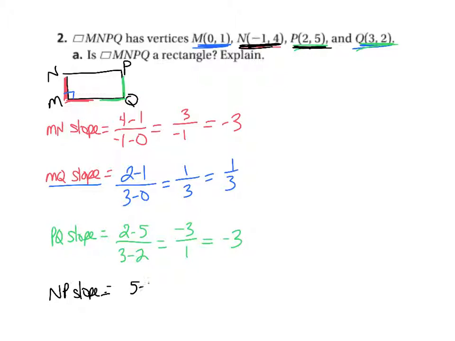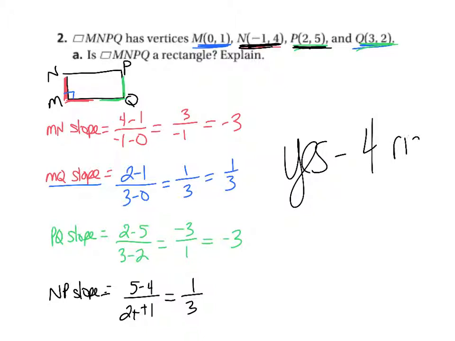That's a 5 minus 4 over 2 minus negative 1. It's a 1. 2 minus negative 1 is a 3, 1/3. It matches. Awesome. All right, so I've got opposite reciprocal again. I'm going to go ahead and say yes. It has 4 right angles.